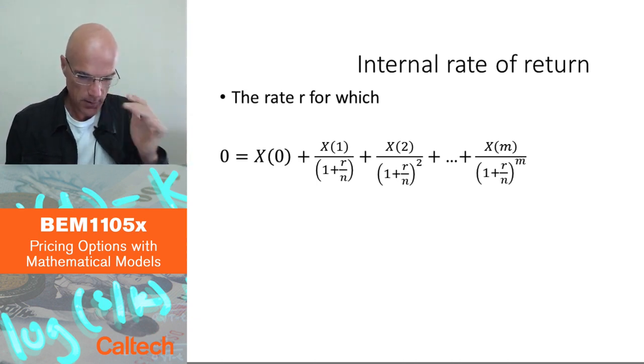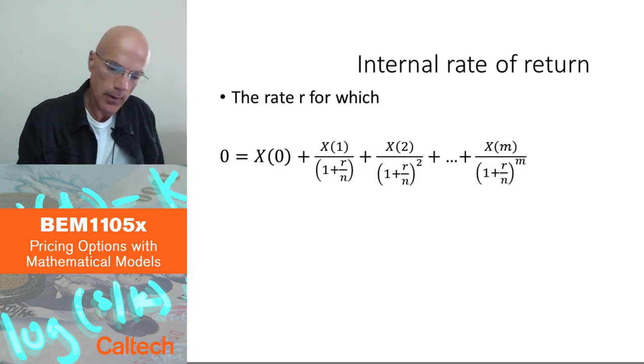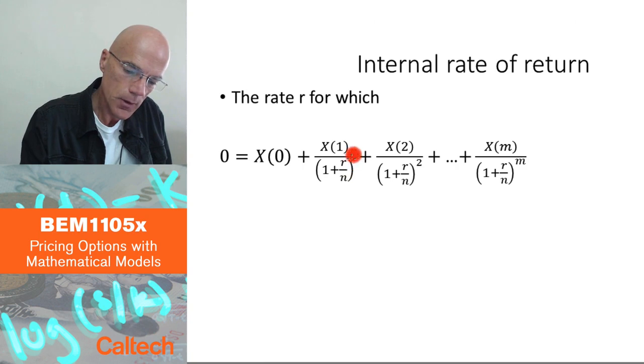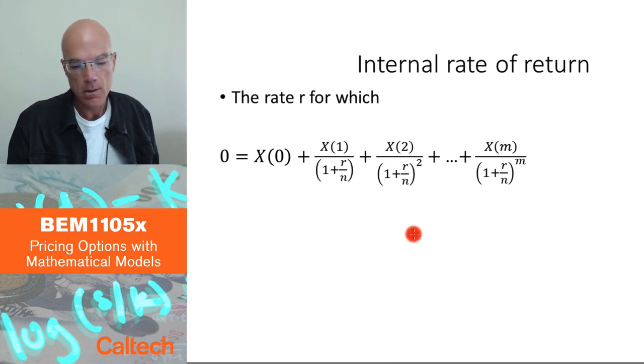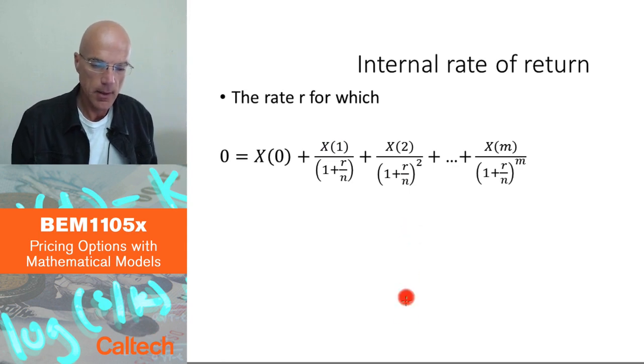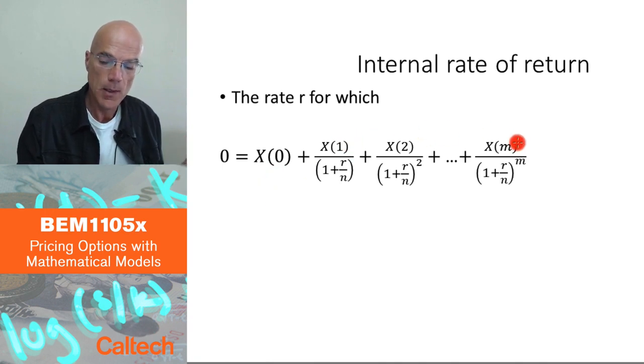If that's the case, then we define the internal rate of return for that project as the number r for which the sum is 0. In other words, if this is all fairly priced, then if you're paying x0 today, and that's the fair price for the payments of x1, x2 to xm in the future, then the total value should be 0.